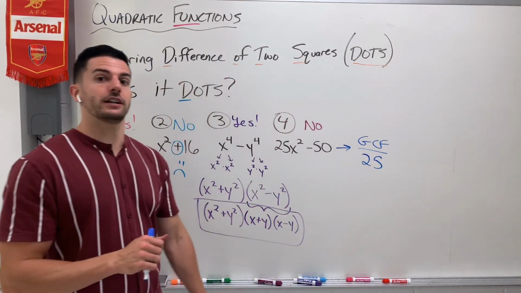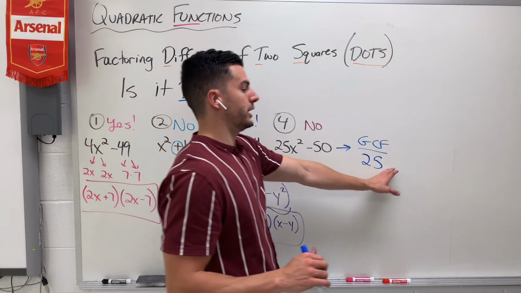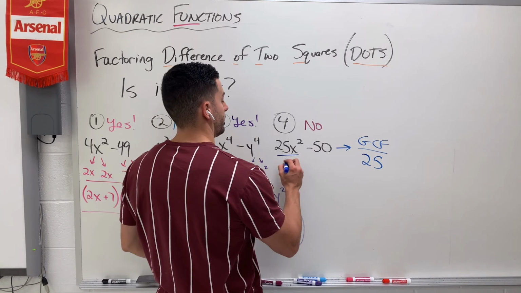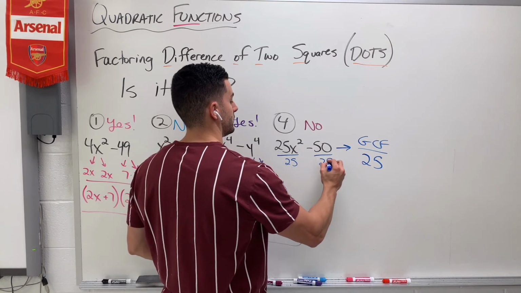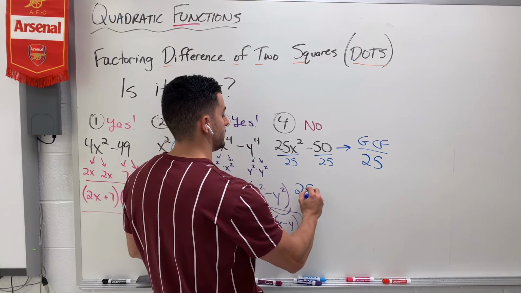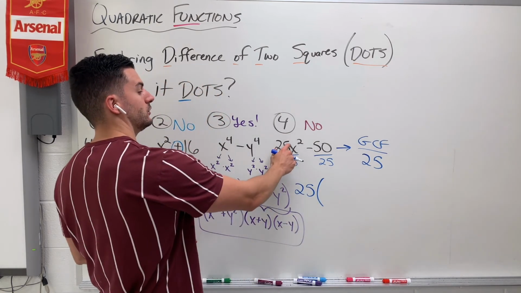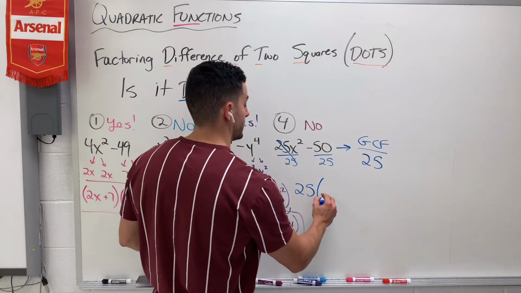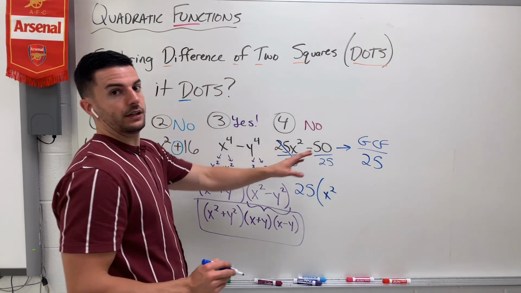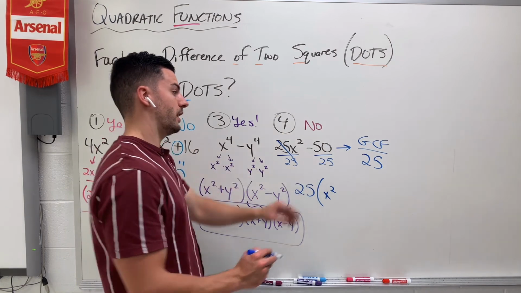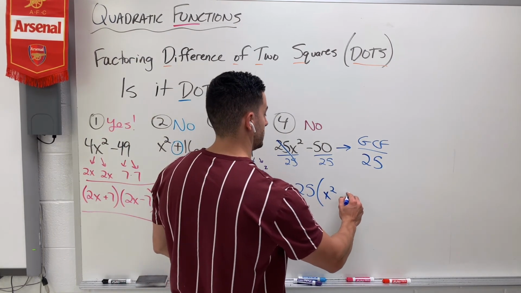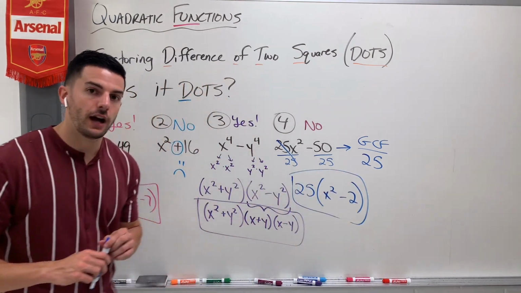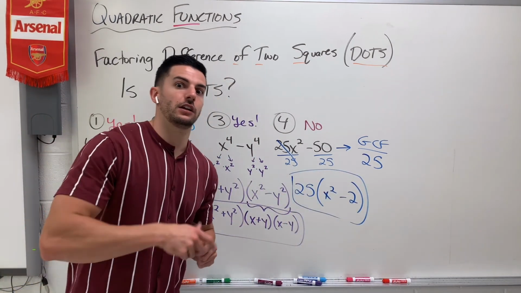That would definitely be the greatest common factor. And I would not include an x in here because this 50 doesn't have an x with it, right? So if I factored this with GCF, I could get 25 on the outside, and then 25x squared divided by 25, the 25s would cancel, and I would just be left with x squared. And then negative 50 divided by 25, I can say negative 2. Okay. So even though it can't be factored with dots, we can still factor just using another strategy.